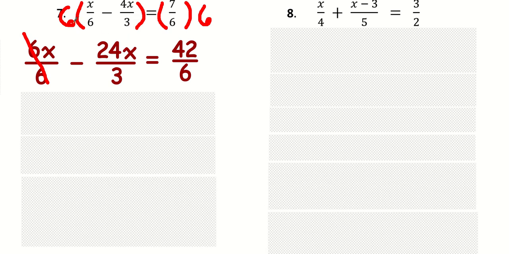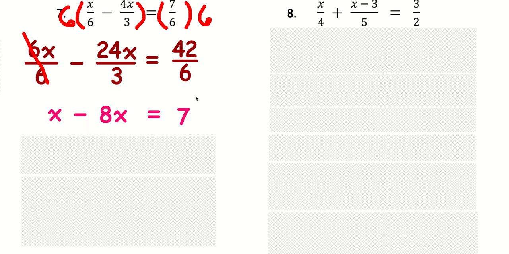But I think when I was growing up with this, in my head, it was about how when you multiplied 6 to this fraction, the 6 and the 3 would cancel, but you'd be left over with a 2, and that would get multiplied to the 4x. I don't know, maybe this way is good. You know, then you just do the 24x divided by 3. Same thing over here. The 6's are basically going to cancel, and you're going to end up with 7.